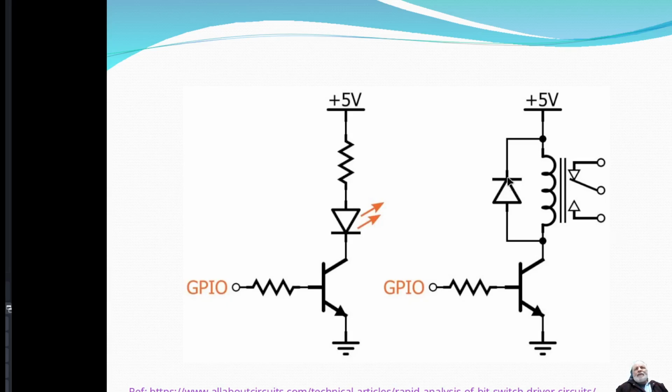But notice again, we have this freewheeling diode here, because anytime you have an inductive load, you better put in that freewheeling diode, or you're just going to be buying new devices or rebuilding the circuit, because it will blow immediately.